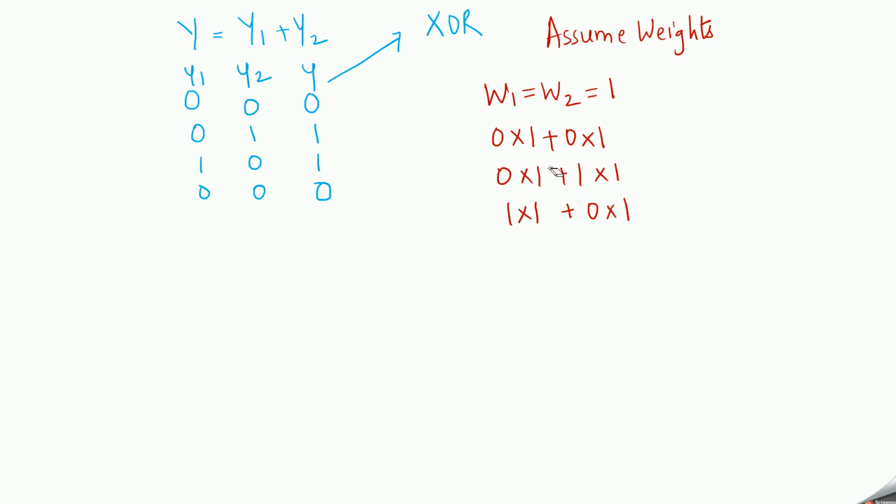So it is 0 into 1 plus 0 into 1, 0 into 1 plus 1 into 1, 1 into 0 plus 0 into 1.